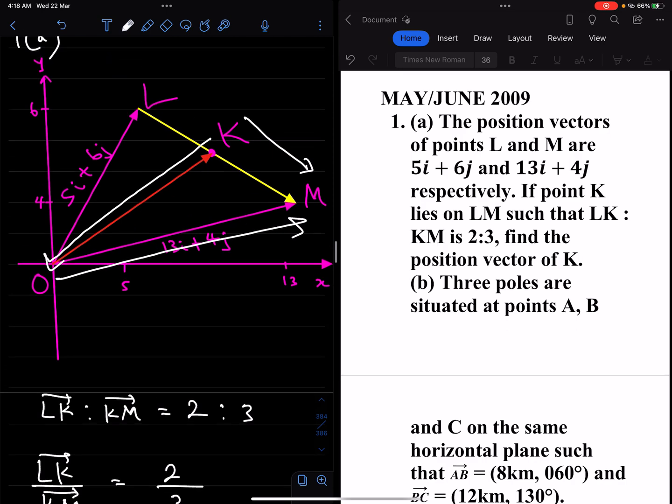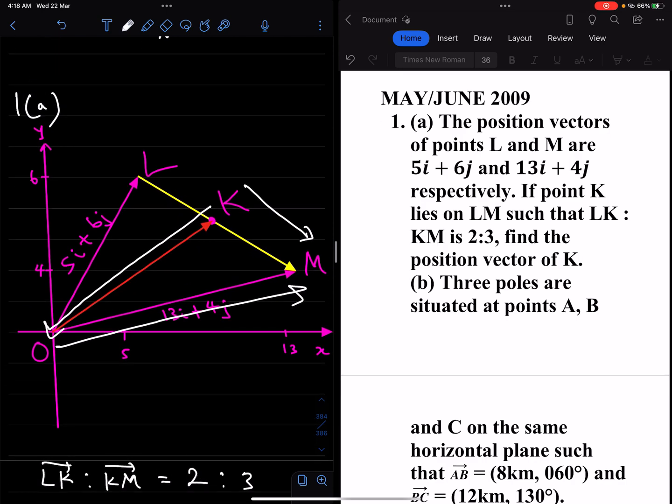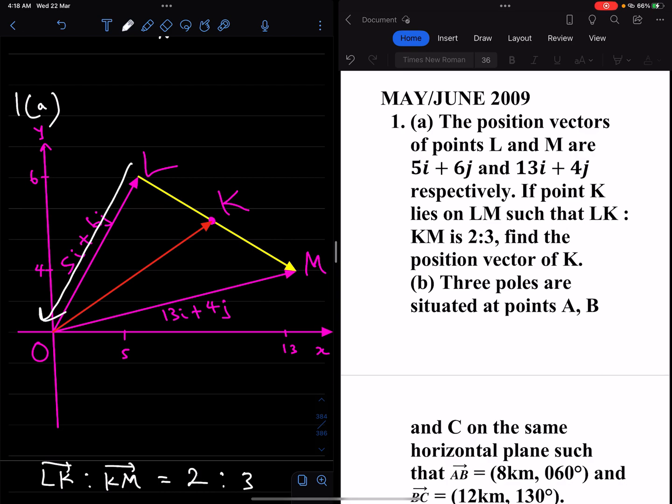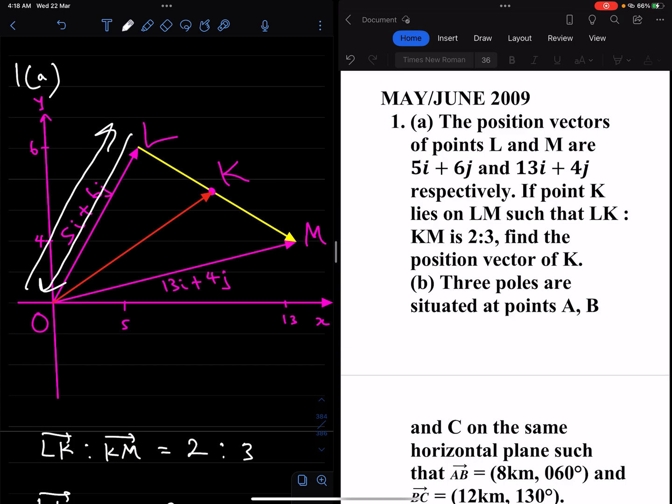Now, we know that the vector LO is the opposite vector of the vector OL. So that means the vector LO is going to be the negative of the vector OL.